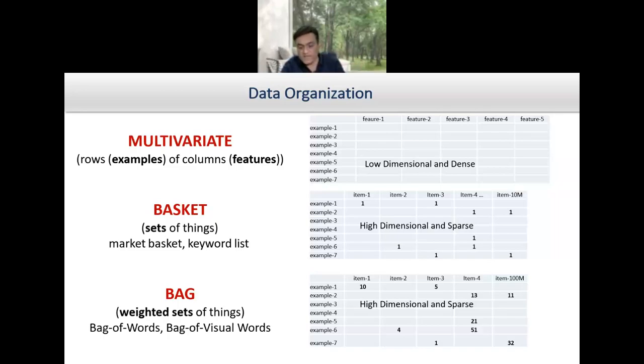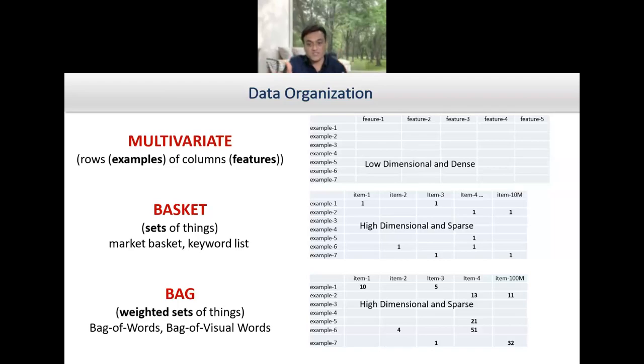Maybe it is 10 times. Maybe the word government is repeated 5 times. Maybe in another news item about cricket, in example 2, item number 4 is a word like Virat Kohli. So these are all the information about visual words or bag of words. I call it bag of words.